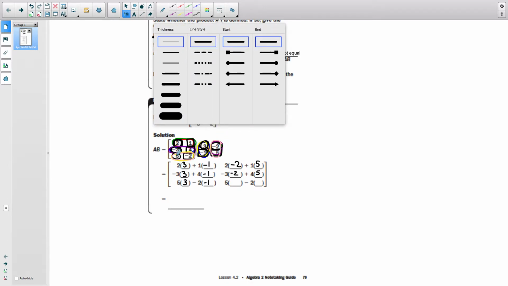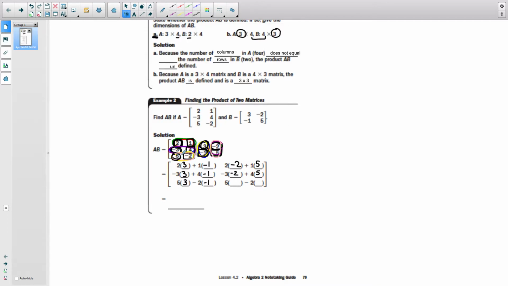Okay, so first entry times the first entry, so 5 and -2. And then second entry times second entry, which is -2 times 5. So again, they did the same thing here. They simplified the signs. Instead of writing plus -2 times 5, they just wrote -2 times 5.